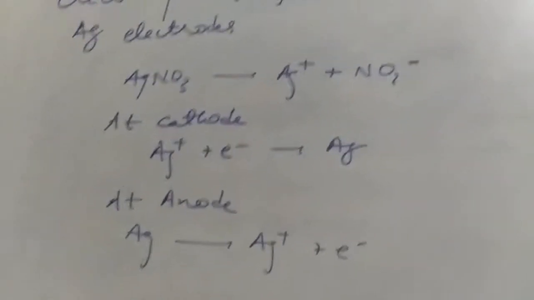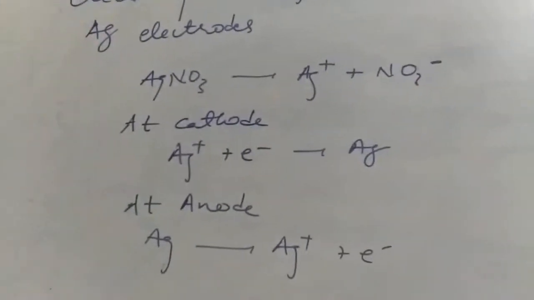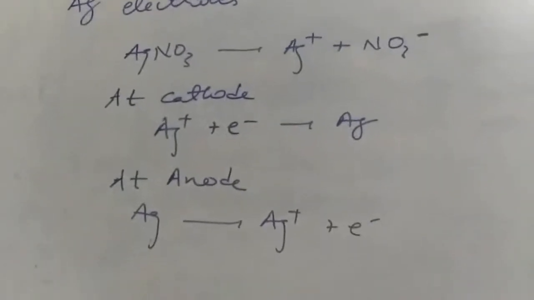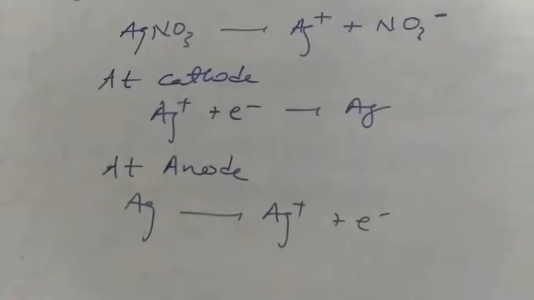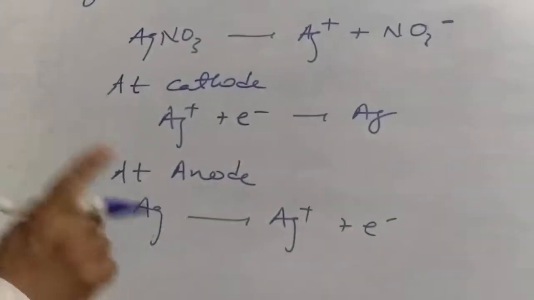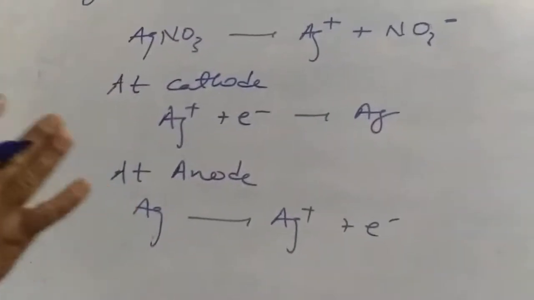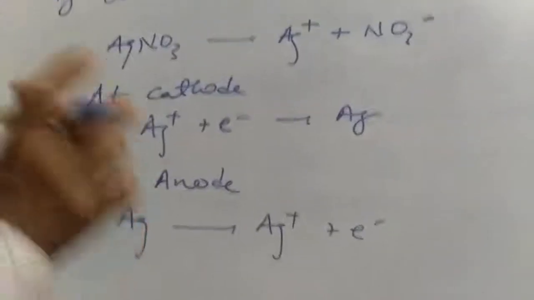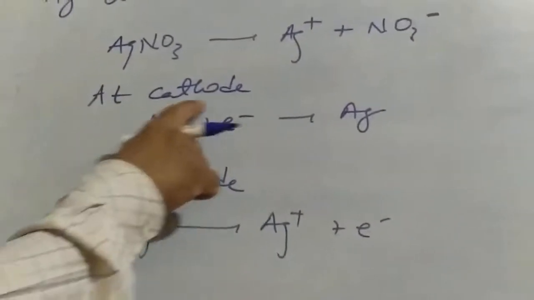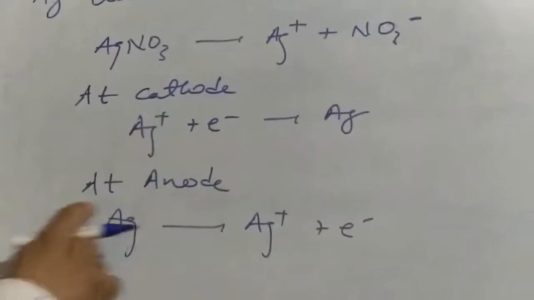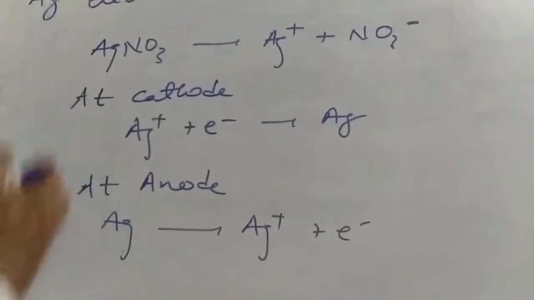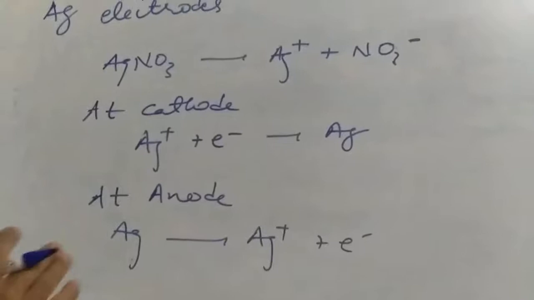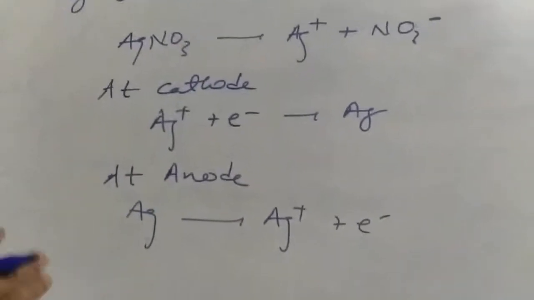If you remember, children, this concept we use in the refining of metals in class 10th, where the pure form of the metal which you want to purify is taken as cathode, and the impure form of metal is taken as anode. So this is the case where the electrode is participating in a reaction.